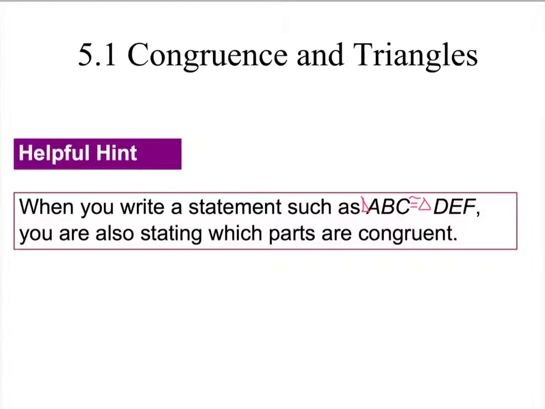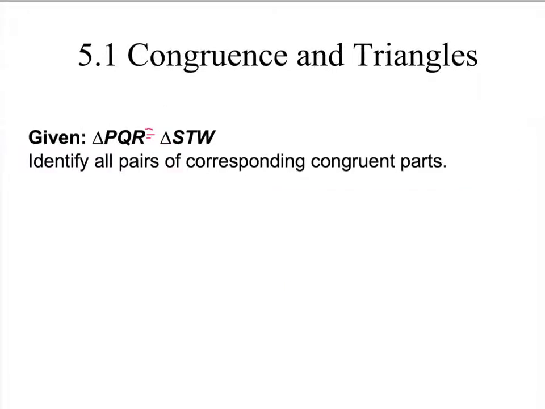It says when you write a statement such as triangle ABC is congruent to triangle DEF, you are also stating which parts are congruent. That's what we just stated in the previous slide. So, in other words, here's the given statement. It gives us triangle PQR is congruent to triangle STW. We're going to identify all the corresponding congruent parts. Based on that congruent statement, I can tell you the exact angles that are congruent and the exact sides that are congruent.